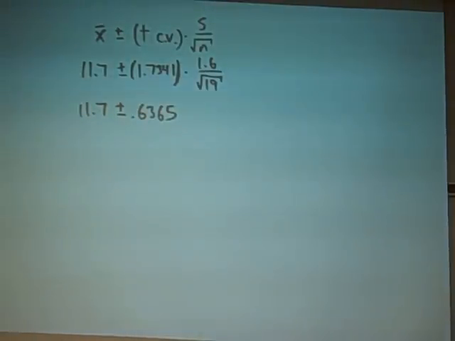And then we can calculate the interval, 11.7 minus the margin of error, and then 11.7 plus the margin of error. So I'm getting 11.0635.